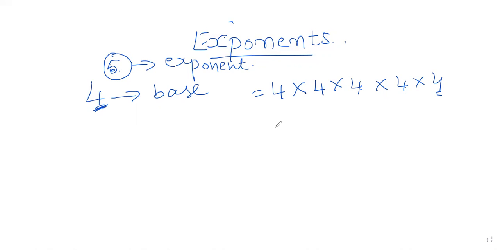So it tells us the number of times that we should multiply a quantity by itself. The power or exponent tells how many times a number, the base, must be multiplied. Okay, this is about exponential form, children.